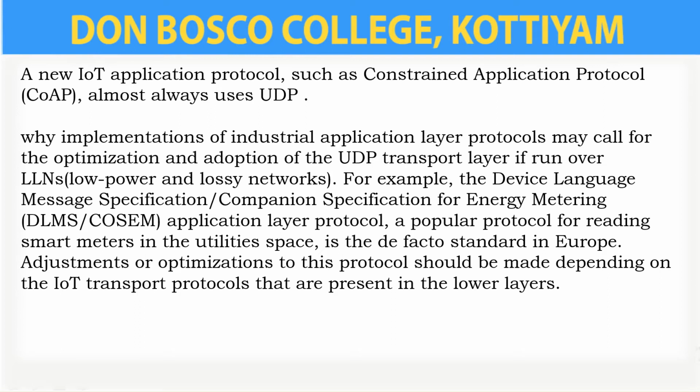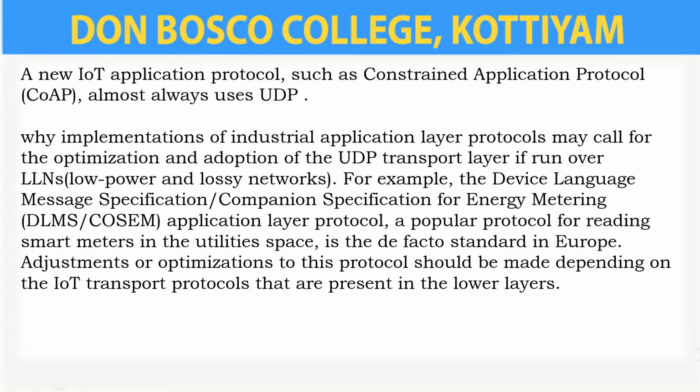And we know that now we are not using these smart objects in the network. So when we are adding these smart objects to the network, we need some kind of optimization and adoption.